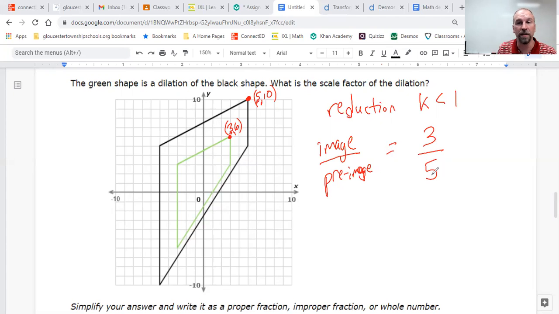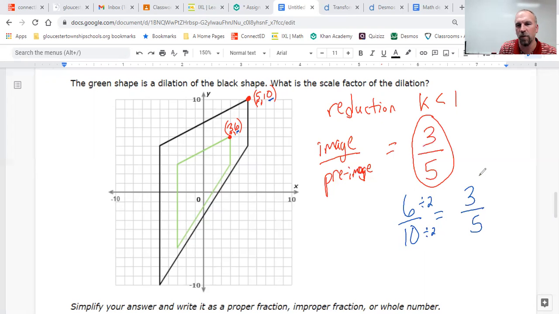The numerator is smaller than the denominator, which is good because that means I'm less than 1. Nothing simplifies. 3/5 is my answer, and I'm done. If I had decided to use the y's instead, the 6 and the 10, it'd be 6 over 10. I need to simplify that fraction by dividing the numerator and denominator by 2, and guess what I get? Winner, 3/5.